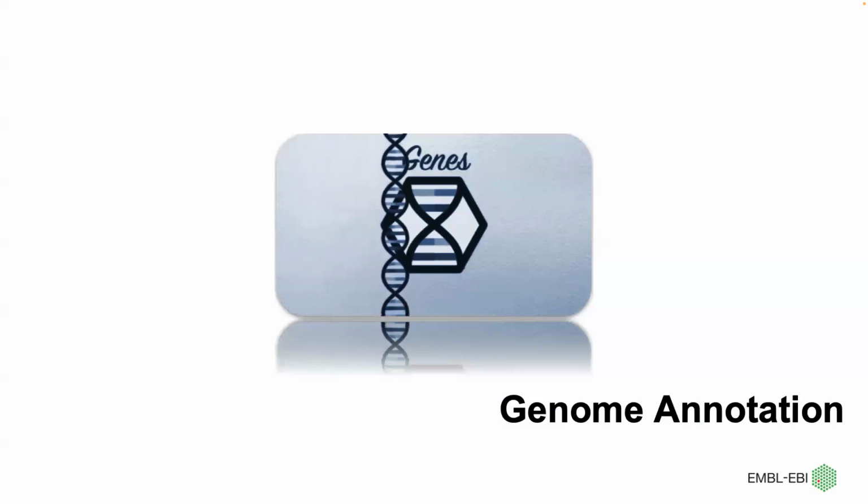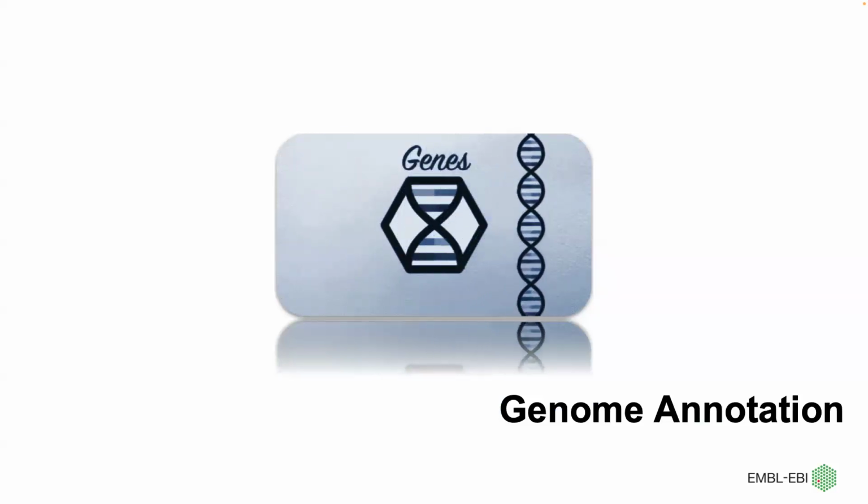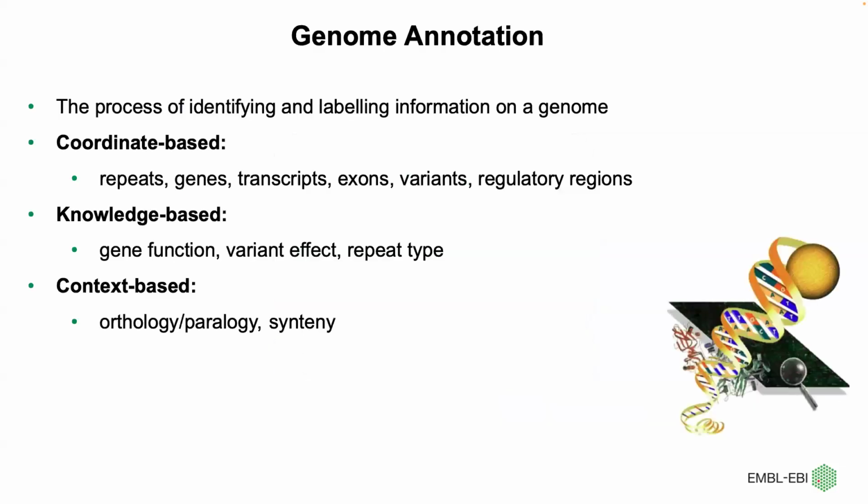So now let's get to the main topic of today, which is genome annotation. What is genome annotation? In layman's language, the process of identifying and labeling information on a genome is termed genome annotation. It could be coordinate-based, where you identify the different features on the genome, like repeats, genes, transcripts, exons, variants, and different regulatory regions.